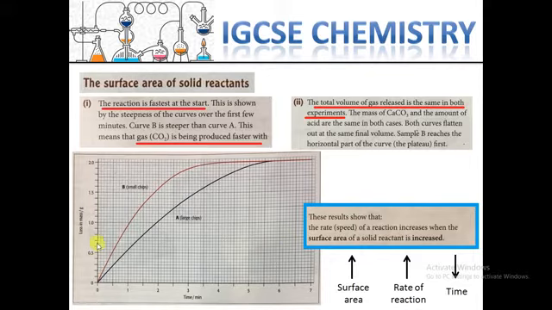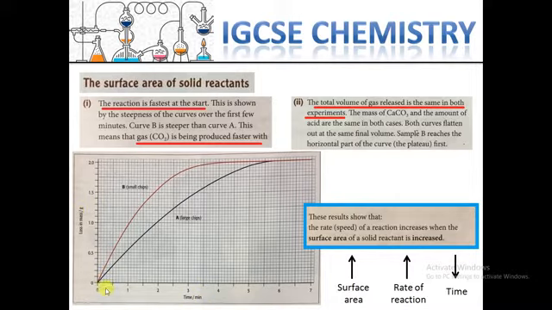Based on the chart here, the left axis shows the loss in mass in grams, and the bottom shows the time.